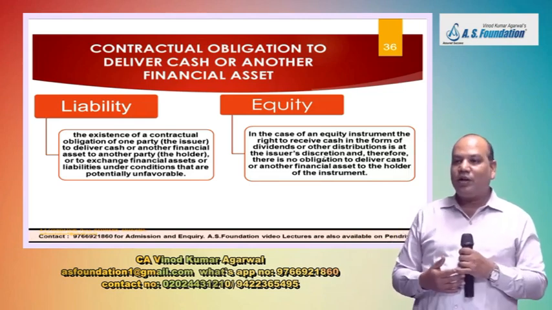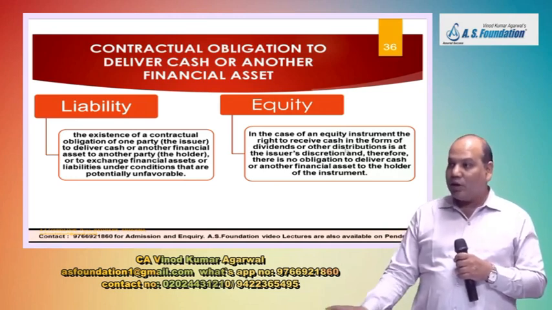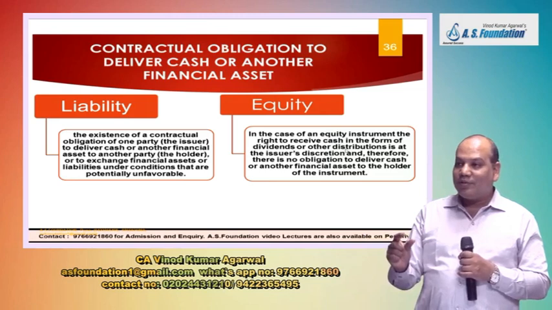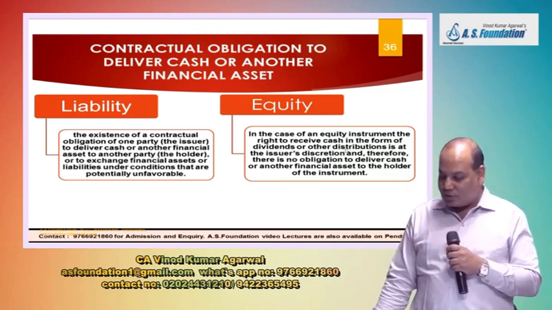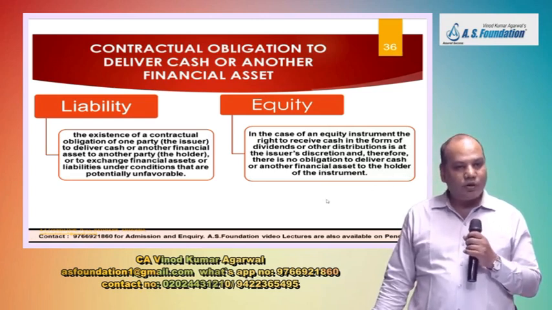Then it will be equity. But if the entity has no discretion, then it becomes a liability. And therefore there is no obligation to deliver cash or another financial asset to the holder of the instrument.